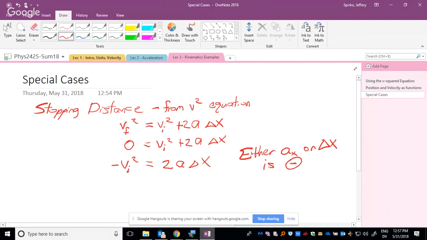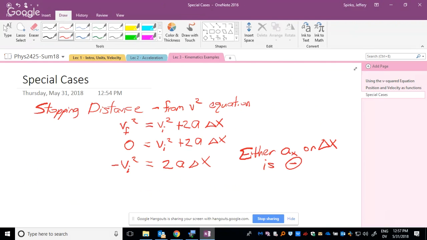So if you have an object that is traveling in the plus direction, so the object is moving to the right, and you want to stop, it takes a negative acceleration to make it stop. And we're going to talk after exam 1 about what causes acceleration. Acceleration is caused by force. You have something that is moving to the right. You want it to stop. You have to push toward the left at it. That's the negative acceleration.